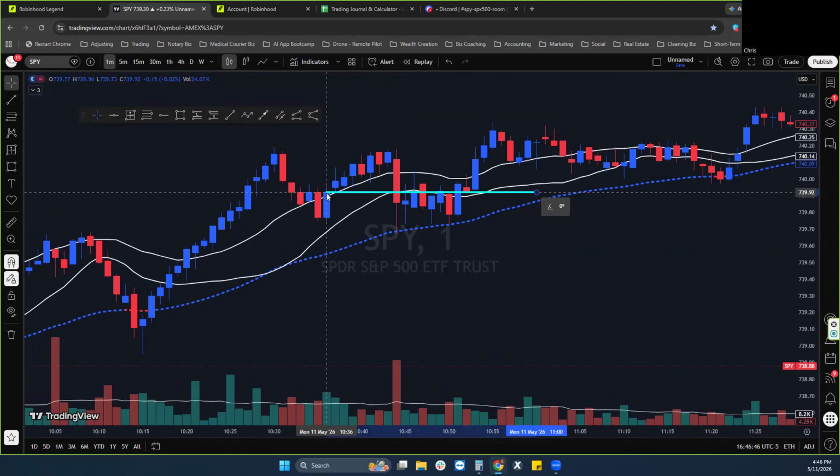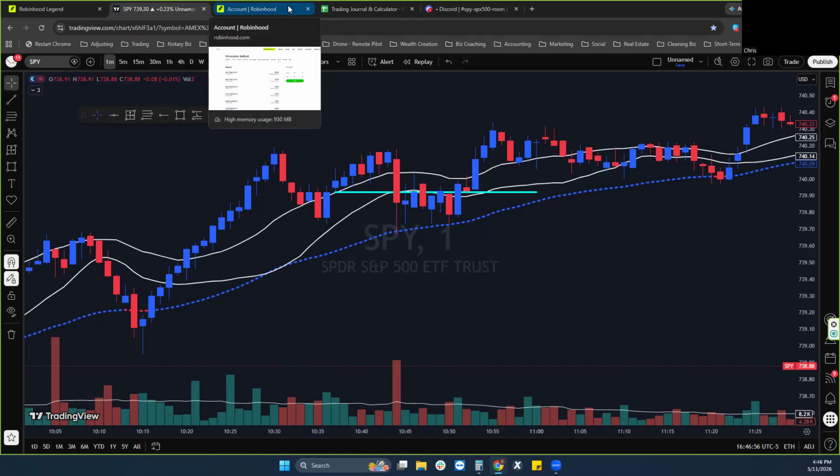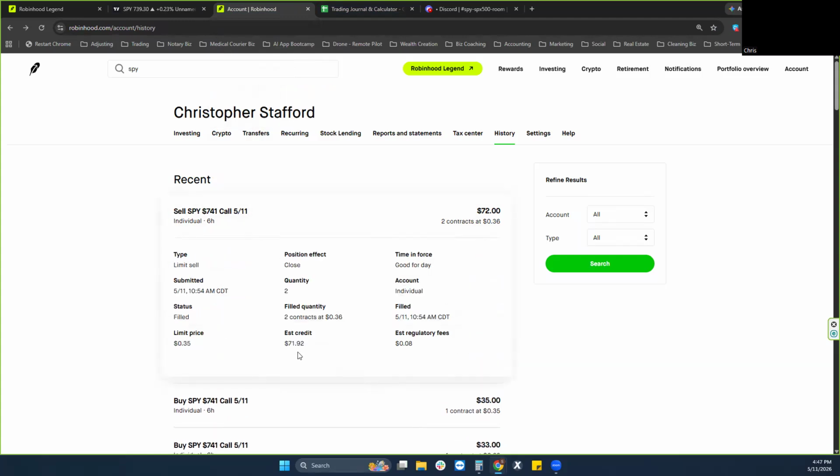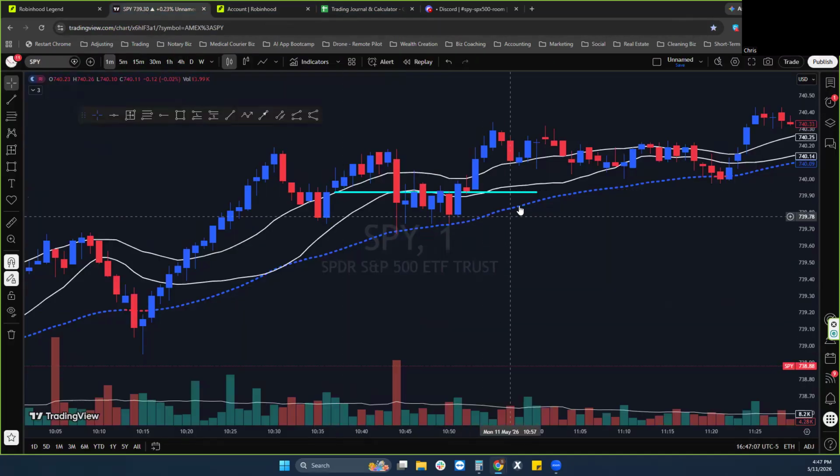So at the close of this bullish candle, we got in the trade, took it up, and then we got out soon after. Let's see where we got out at. We got out at 10:54.